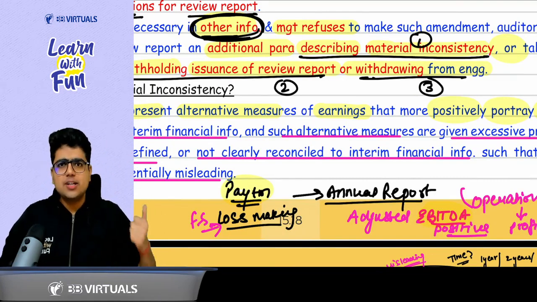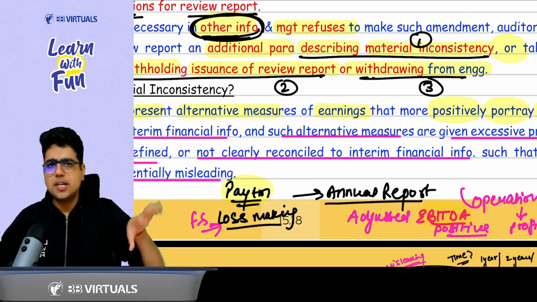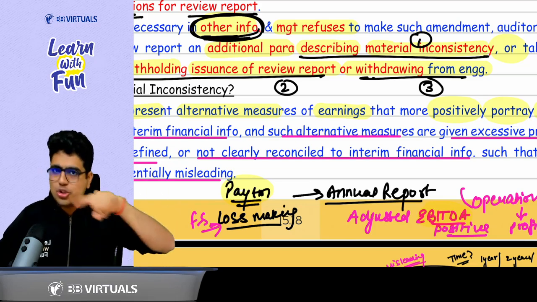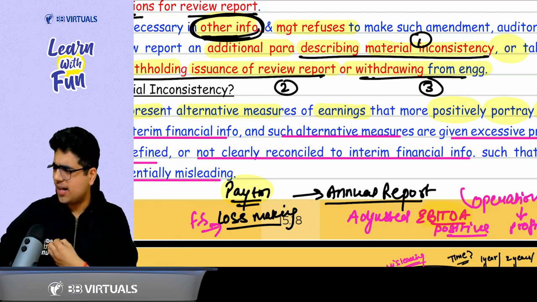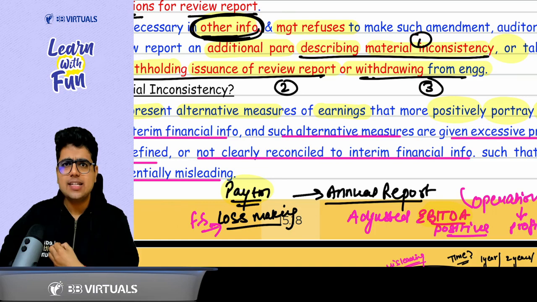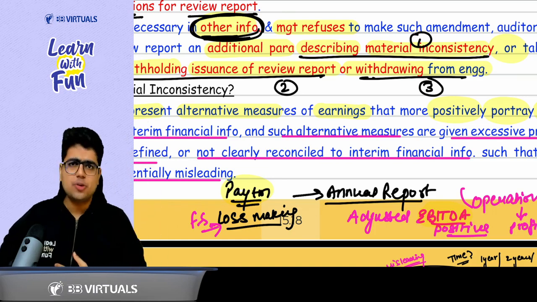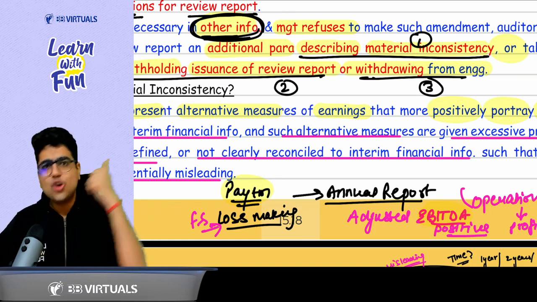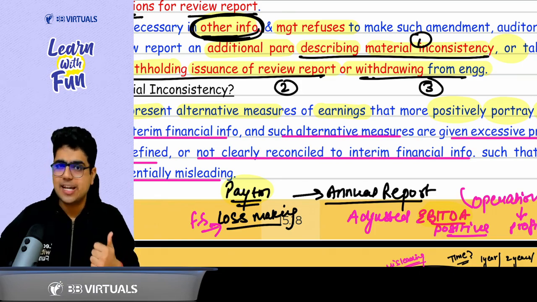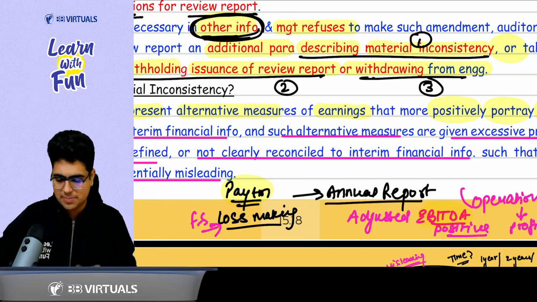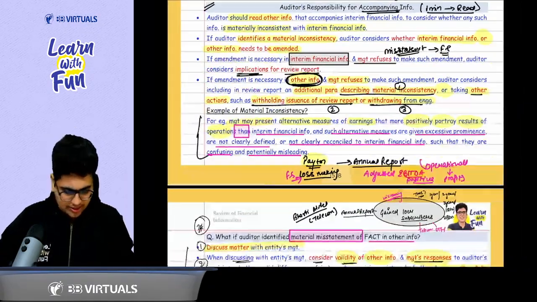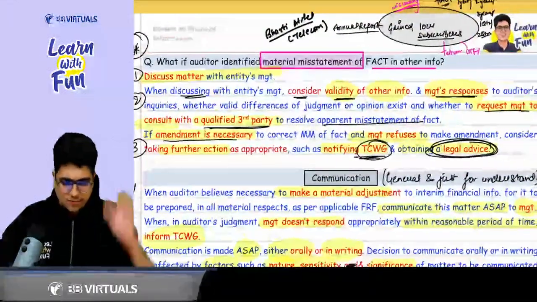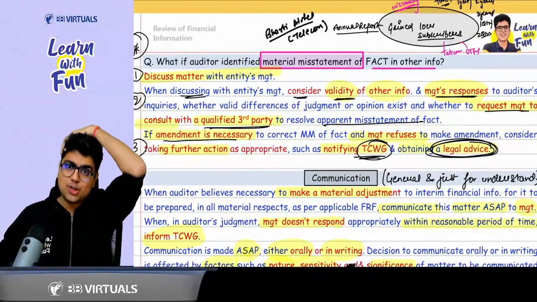Financial statements are saying loss. Annual report is saying profit. Should they show some reconciliation or not? Tell the answer from your heart. Yes, sir. If they are not showing this reconciliation, they are very, very bad. This is called a material inconsistency. Clear? Clear, sir. Now, sir, what if I find a material misstatement of fact? What to do?